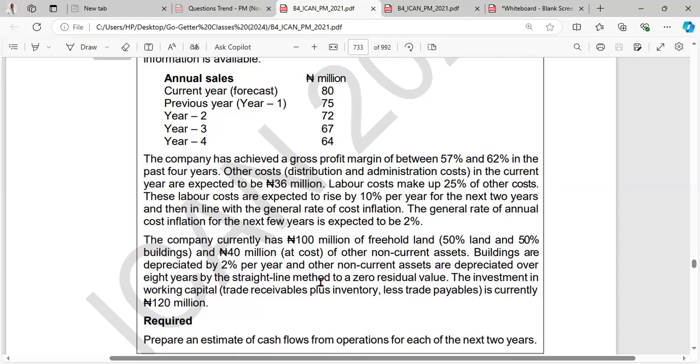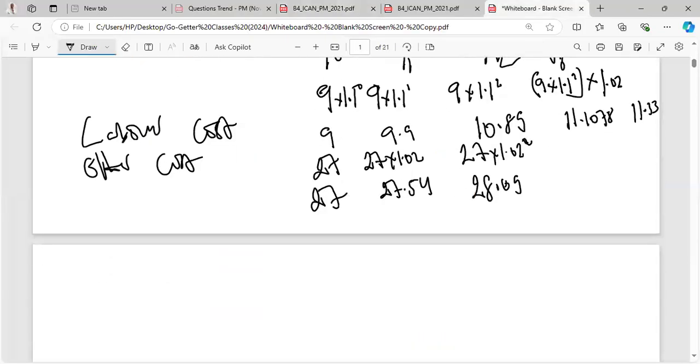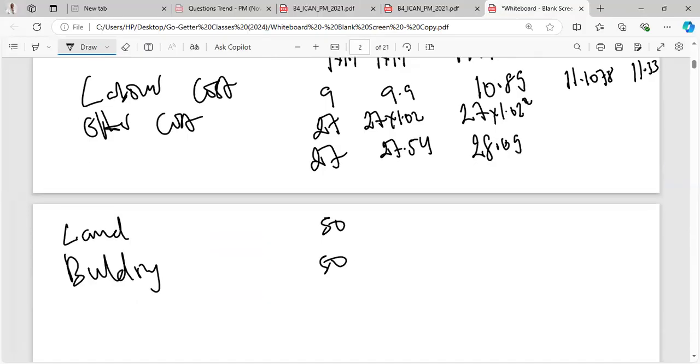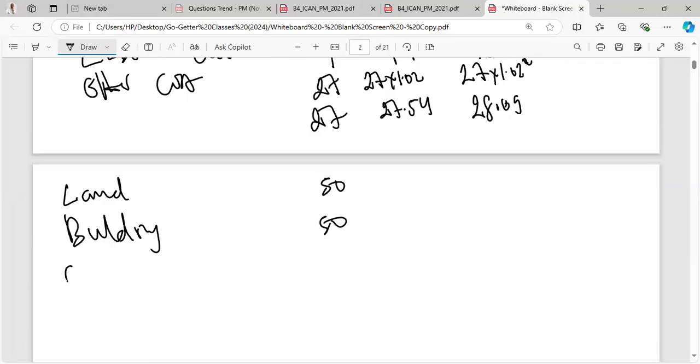So let's see. What it means here is land. So this is your land. Current year is 50 million. Building is 50 million. Then you have other non-current assets, 40 million.